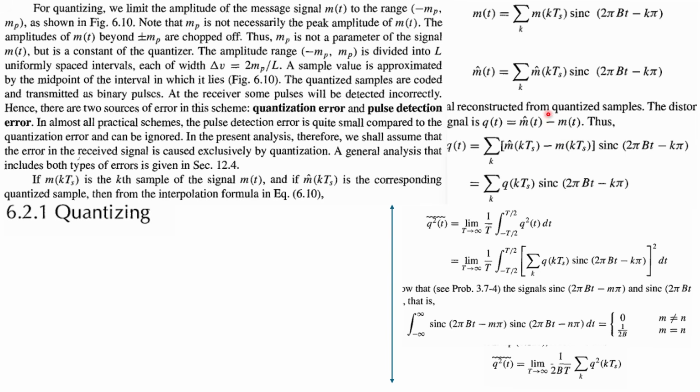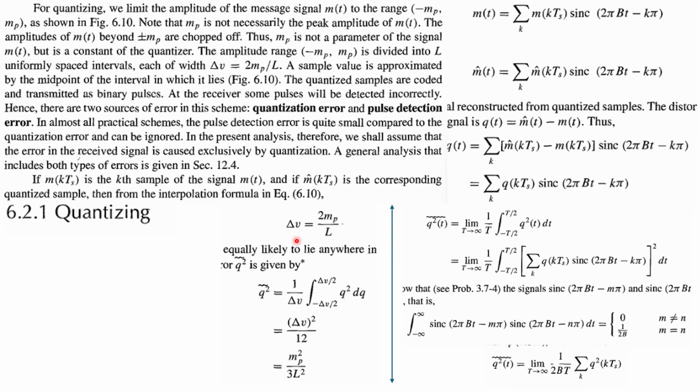So q(t) you can write as the difference multiplied by the sinc function. This is q(kTs) and this is the sinc function, and further you can get the average value. So this is the quantization error value, but let's get the average of the error, right? So integrate it over minus T by 2 to T by 2 of q squared. Now just put in the values and integrate it. You will get q squared equal to the limit T tends to infinity of 1 by 2BT times the integral of q squared.